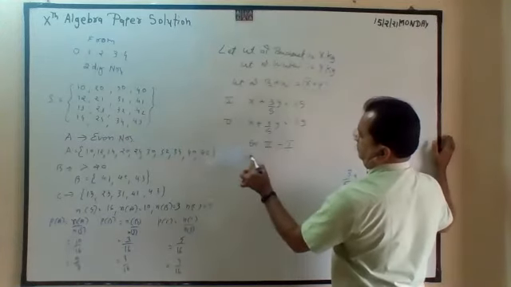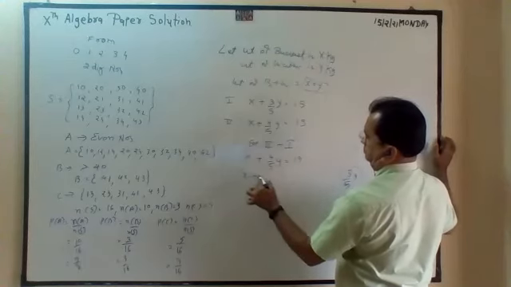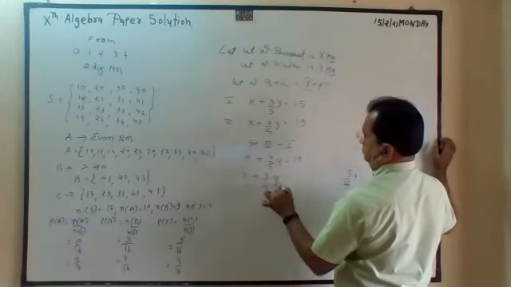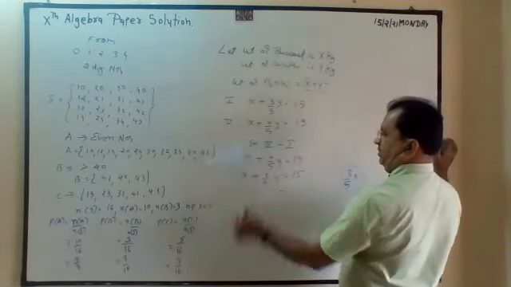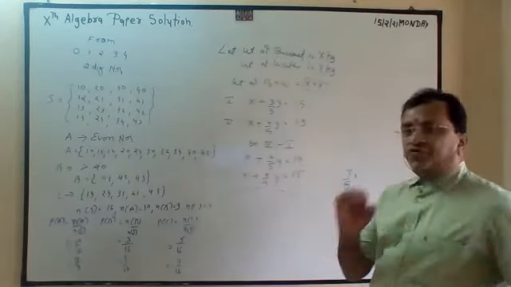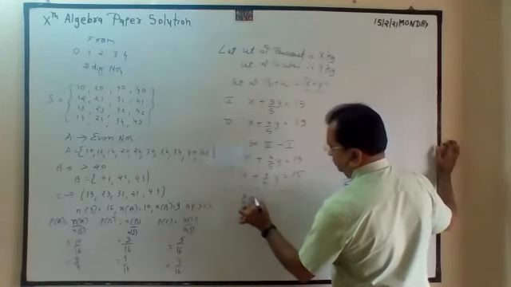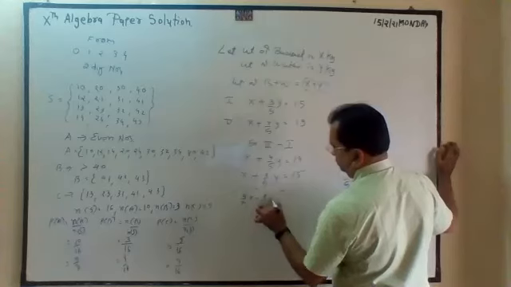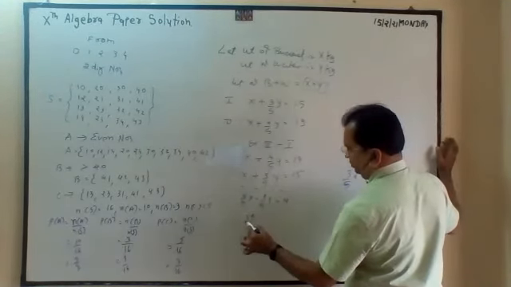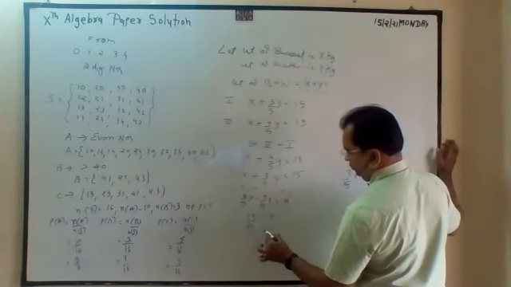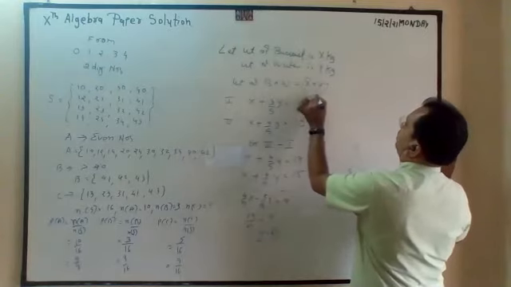So this minus this: 4/5 minus 3/5 is 1/5. So y/5 is 4, so y is equal to 20. 4 fives are 20 kg. So we got 20 kg.